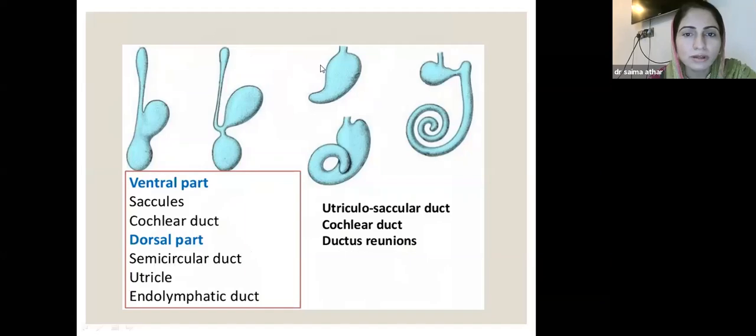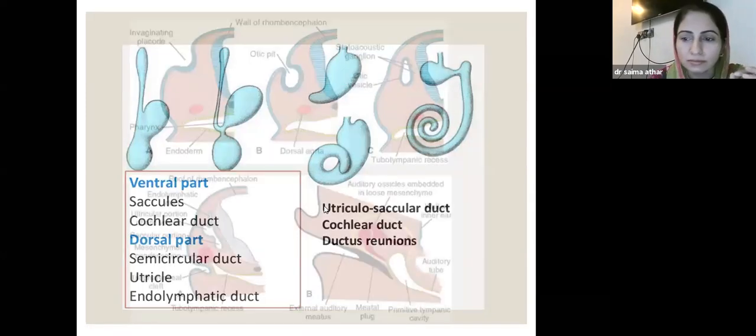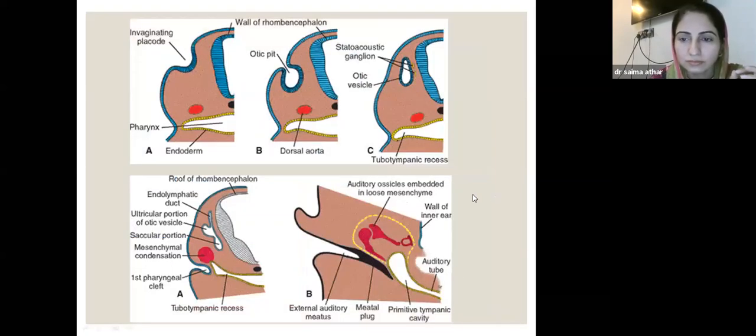The projection will go on increasing in size within the mesenchyme. Just keep in mind that all around this vesicle there is mesenchyme. So this duct has to develop within the mesenchyme, and it is important that this mesenchyme should remain there.